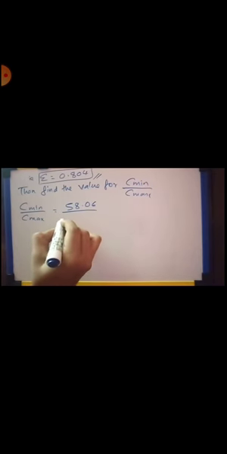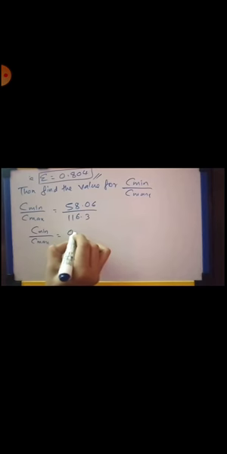Then find the value of C minimum by C max. C minimum by C max is equal to, both of the values we know, the C minimum value is 58.06 and C max value is 116.3.